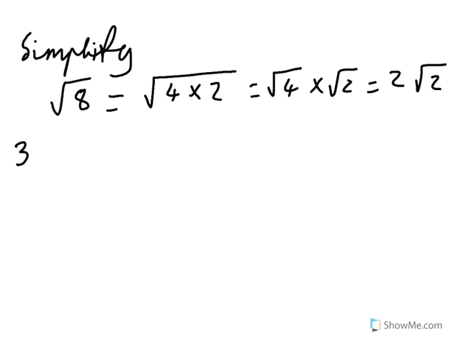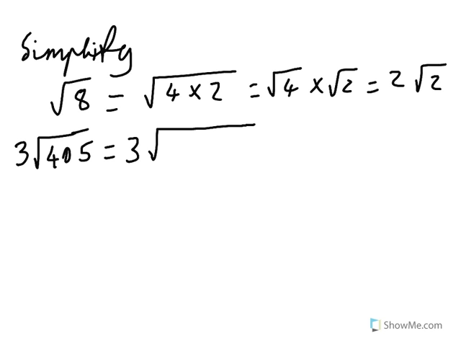Something like this: 3 square root 405, for example. The 3 stays out front, and then we need to look for factors of 405.